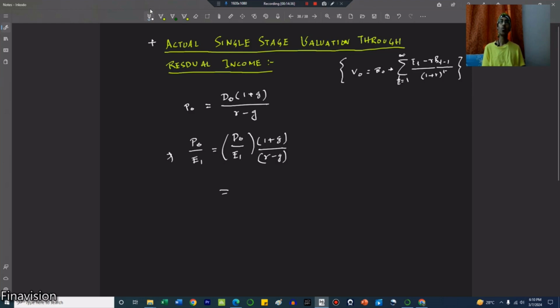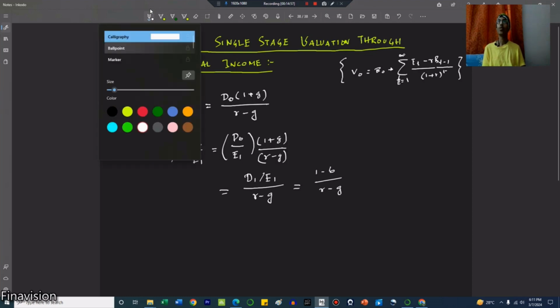Now this D0 into (1 plus g) can be written as D1, right? So we get D1 by E1 divided by (r minus g). This D1 by E1 is nothing but the payout ratio, which is 1 minus the retention ratio b.